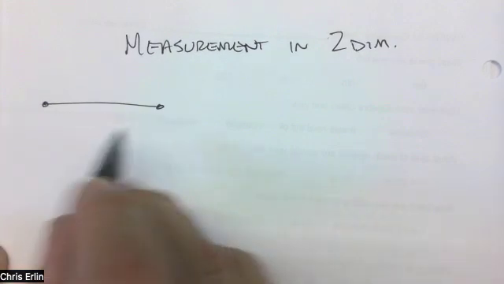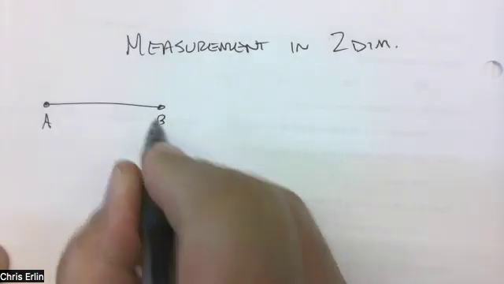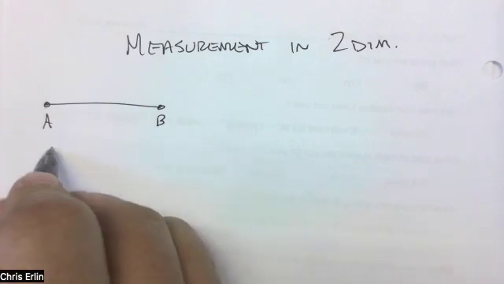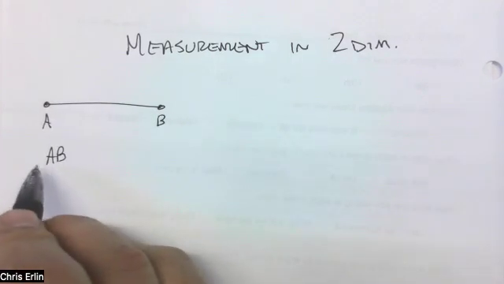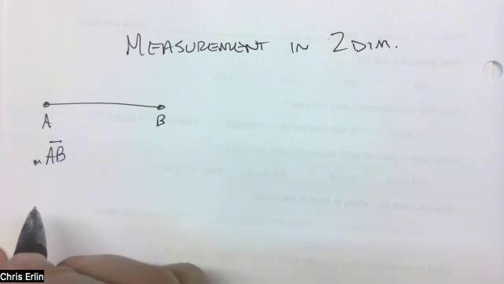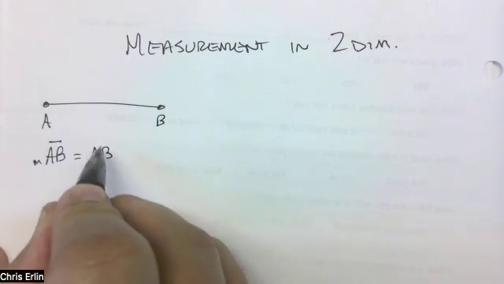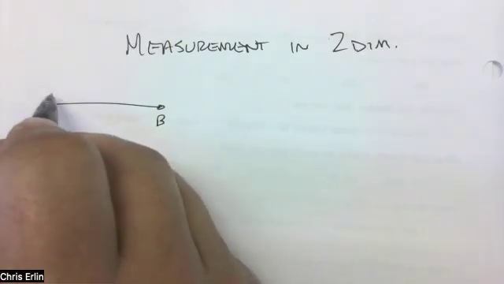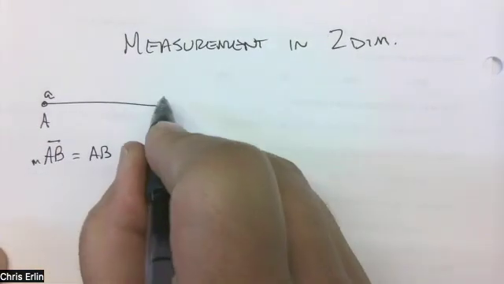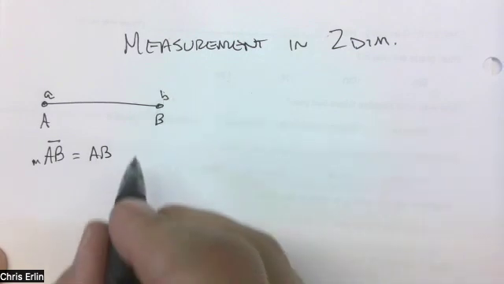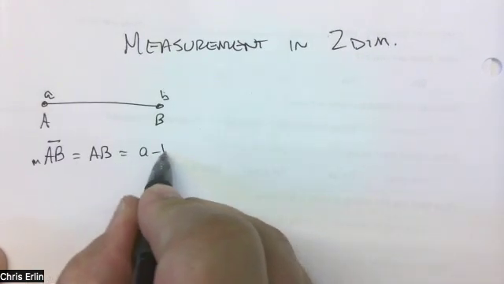So you'll remember that the way we found the distance from A to B, we could either call it the measurement of segment AB, or we could use the shorthand notation of just AB with nothing on top, is we take the numerical value at A and the numerical value at B, and we subtract them.